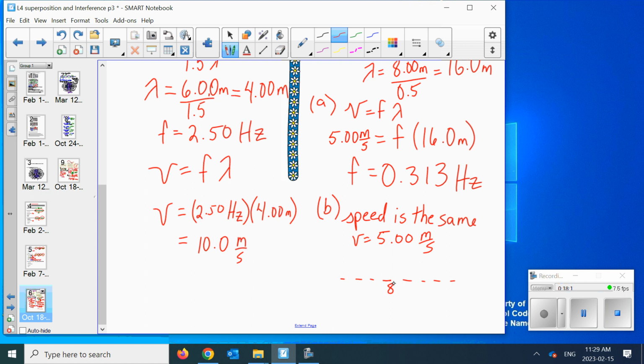So this is the 8 meters. We know that it's going to go up, down, and then a second later, down, up. This is our next one. Can you guys see this? There's no calculation required. How much of a wave is this? It's 1 full wave, because it's got 3 nodes to it. This is the wavelength.